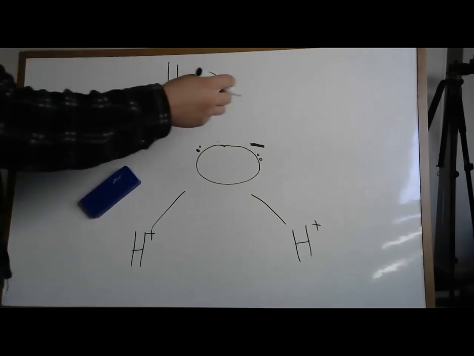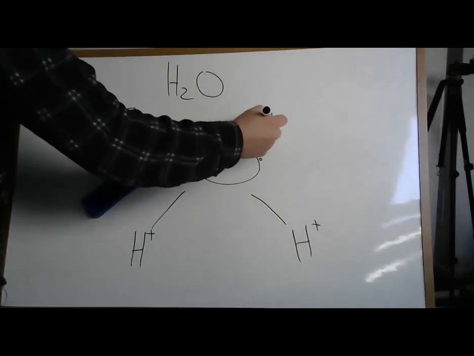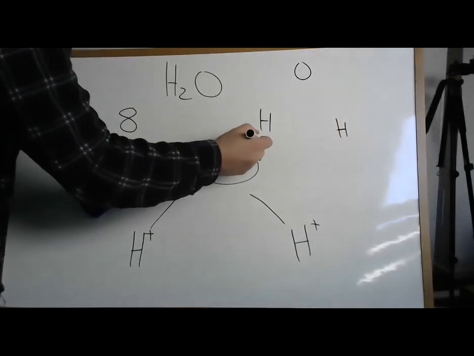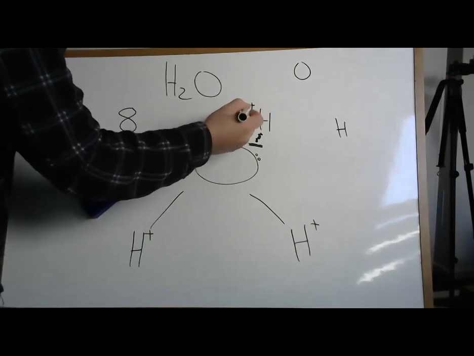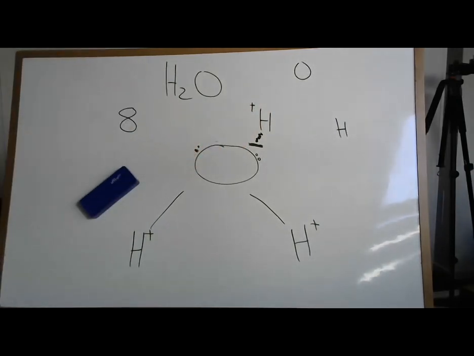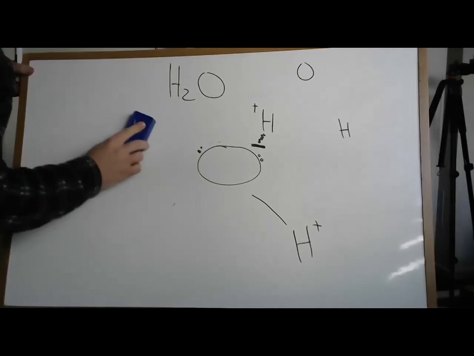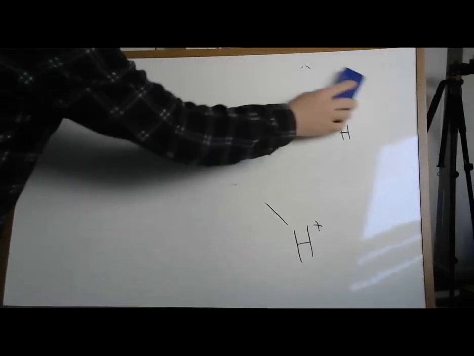So if another hydrogen came along, another water molecule came along, there would be electrostatic forces between the negative and the positive charge. And that's the basis of water and why water enables us to be here. And I'll go through why water is a bit weird in a bit.